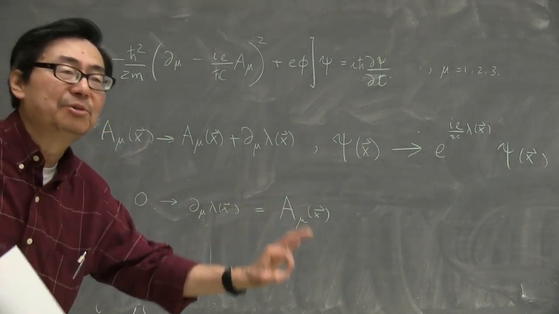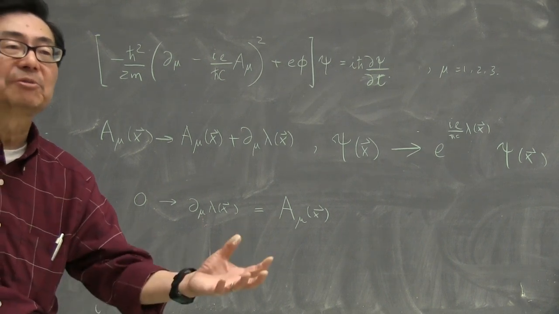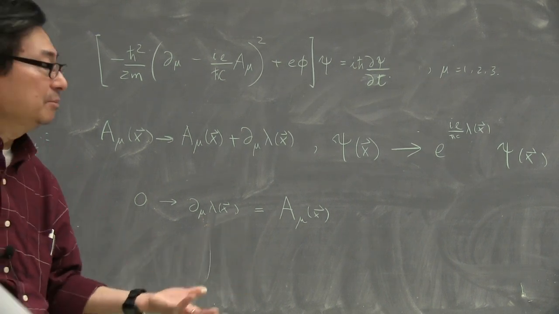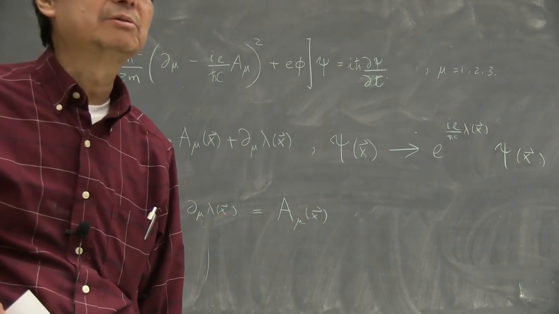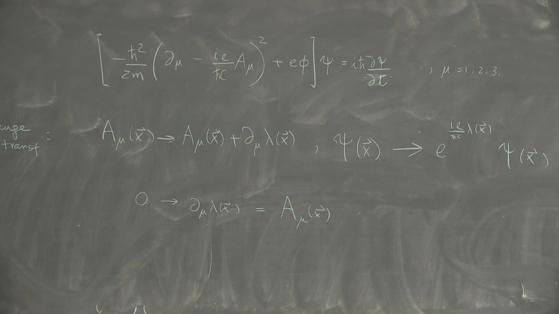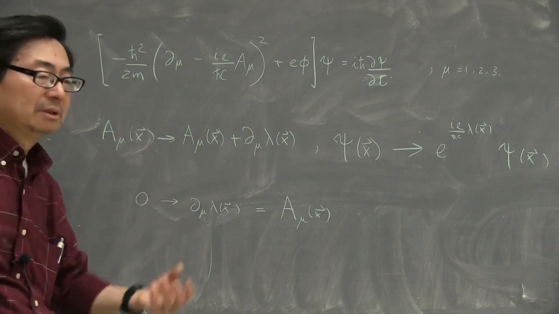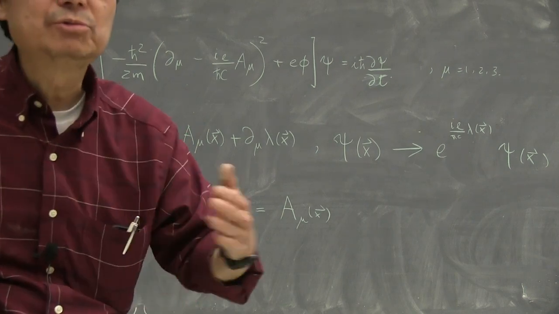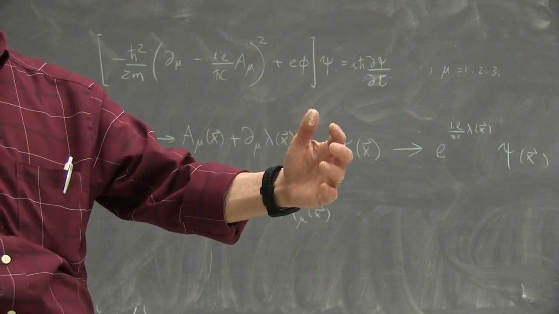We are trying to get the new A from the old A by gauge transformation. We saw that it's okay because the equation is invariant under any gauge transformation. So if in a situation originally where there's no field, suddenly there's a field, you can imagine the introduction of that field to be due to a gauge change on the vector potential.